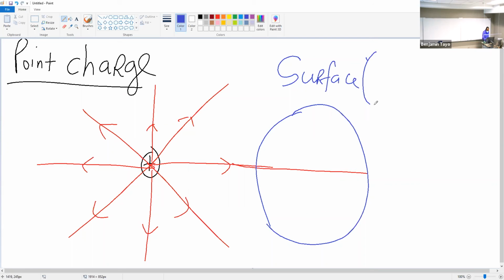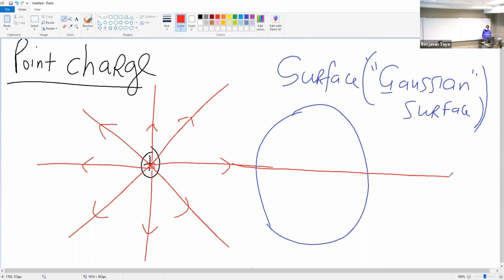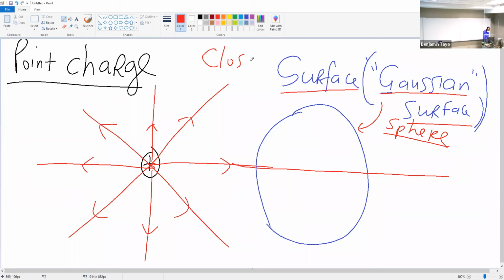Later on, we're going to give it a name called the Gaussian surface. Now, let's see what is happening here. Even though I'm drawing it like that, think about this as a sphere, right? Because, again, so far we only need to focus on the closed surface.